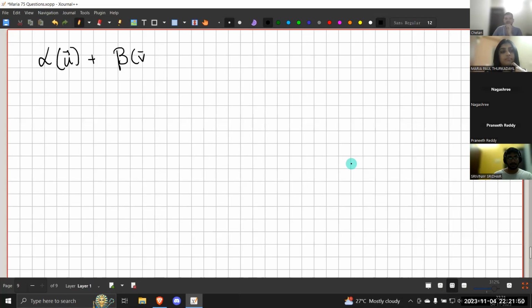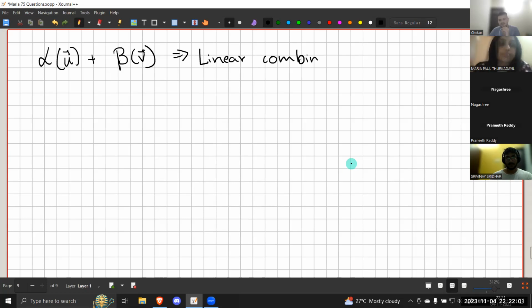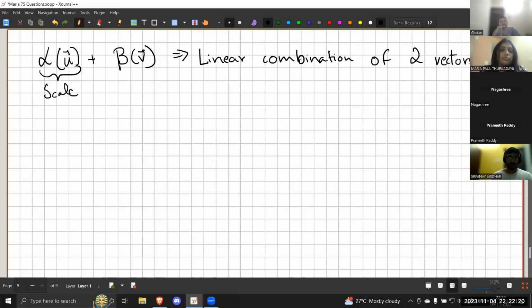So this is actually what we call a linear combination of two vectors. A linear combination only means that it satisfies both vector addition and scalar multiplication. You can see that we are multiplying by some scalar quantity, and at the same time we are adding those two vectors as well. So it satisfies both those conditions. And if you keep alpha and beta as 0, it gives you the origin, so it satisfies the third condition as well. This is called a linear combination of two vectors, u and v.